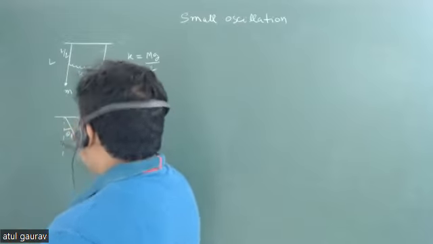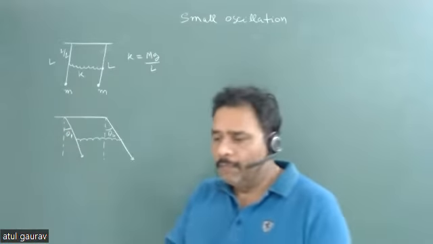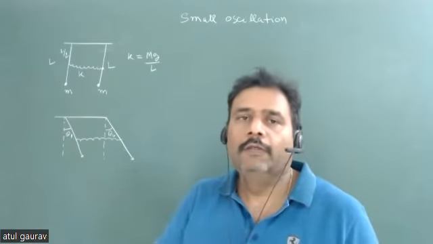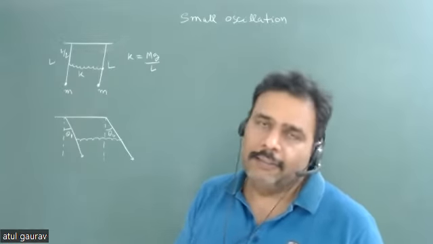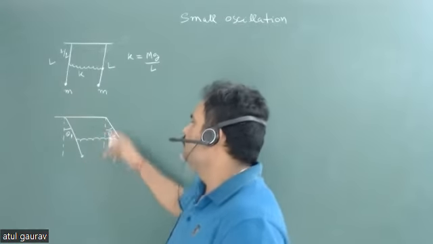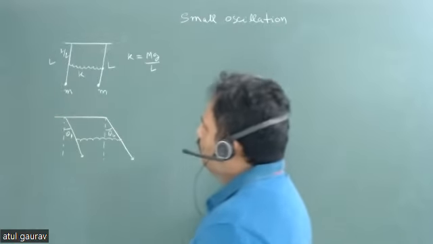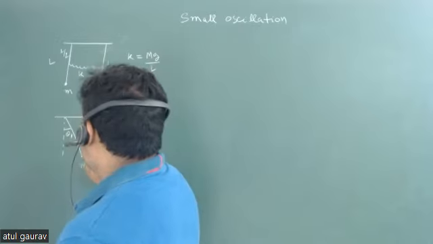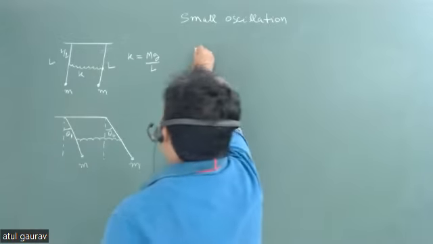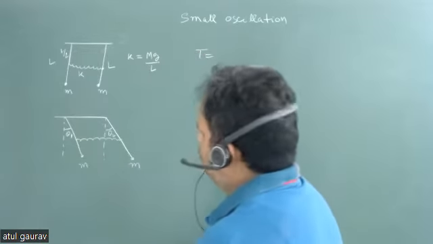If the rod had mass, then obviously one more thing would come in, which we will do in the last part of the topic when we write the kinetic energy and potential energy of a rigid body. But here this is just a simple pendulum, that means this rod is massless. Okay, so now this mass is m, this mass is m. So let's write the kinetic energy, because it is a very simple thing.